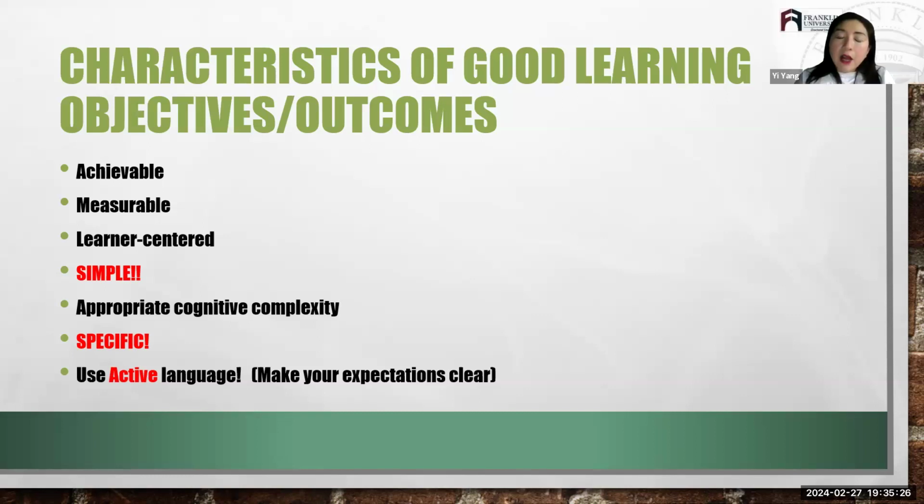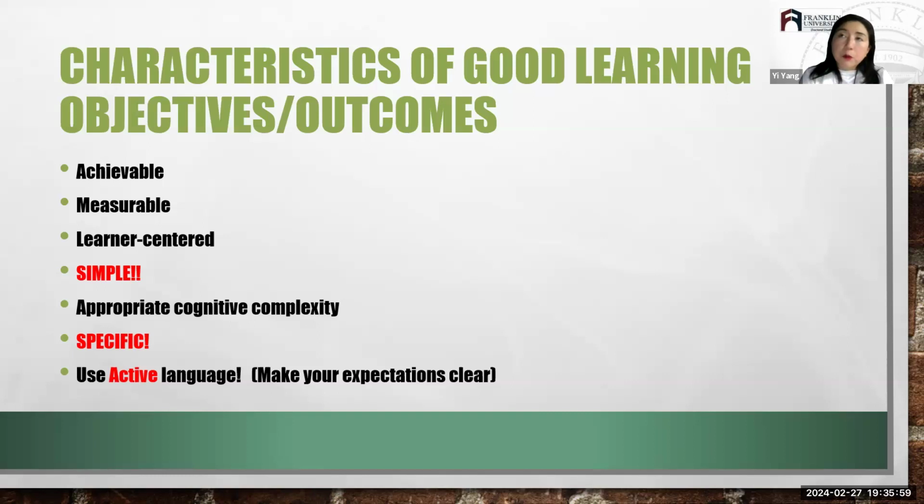So the cognitive complexity should be related to your learners' cognitive level. For example, when you write an outcome for an undergrad course versus an outcome for a doctoral level course, the cognitive complexity should be different.